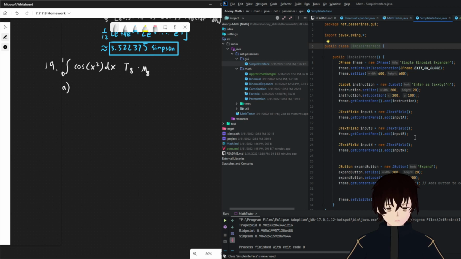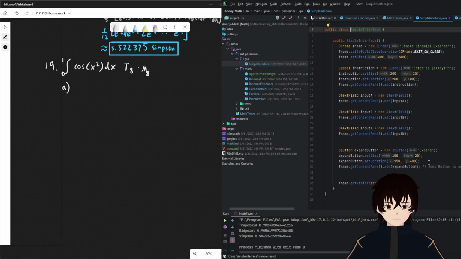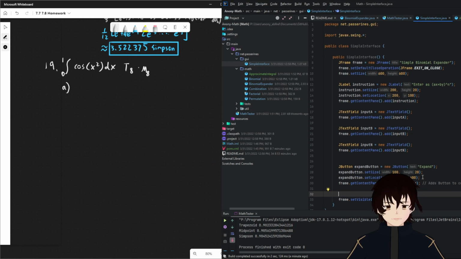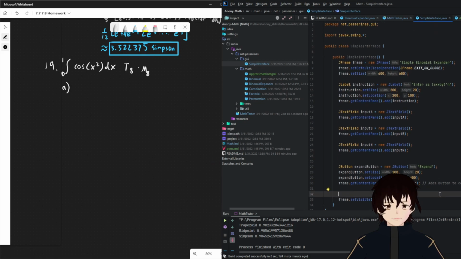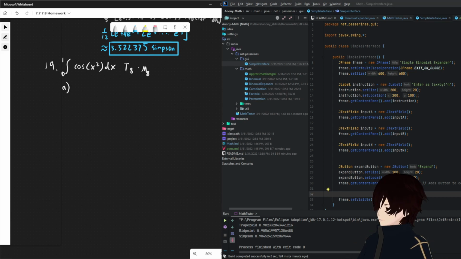Oh, this is using swing. I don't remember how to use swing. I've always been using the other thing. Right. Can I find some of my old projects to just snatch some code from?